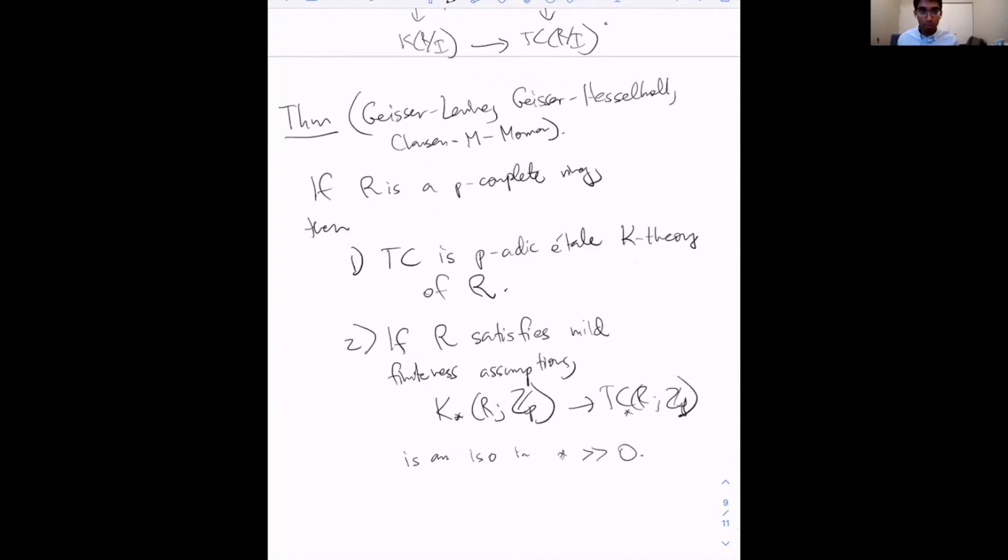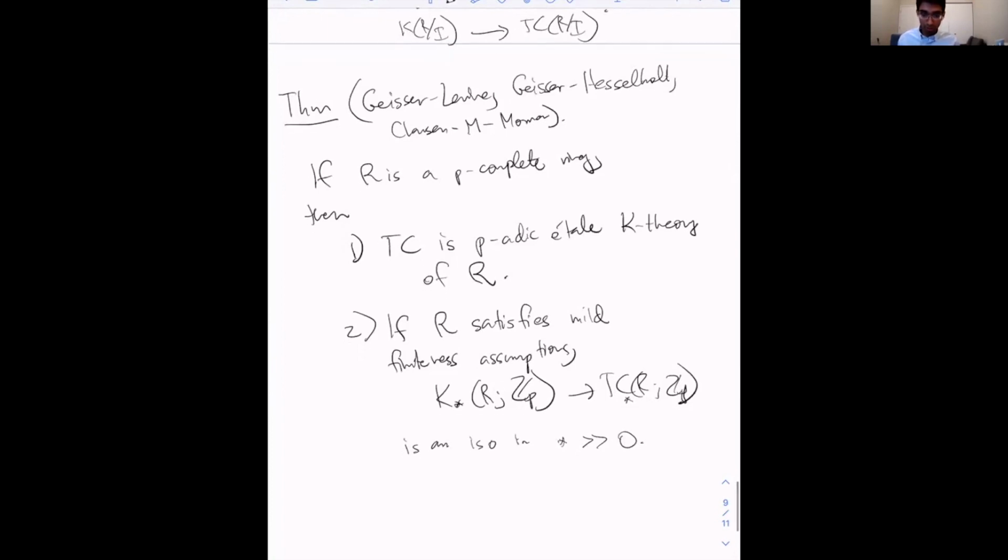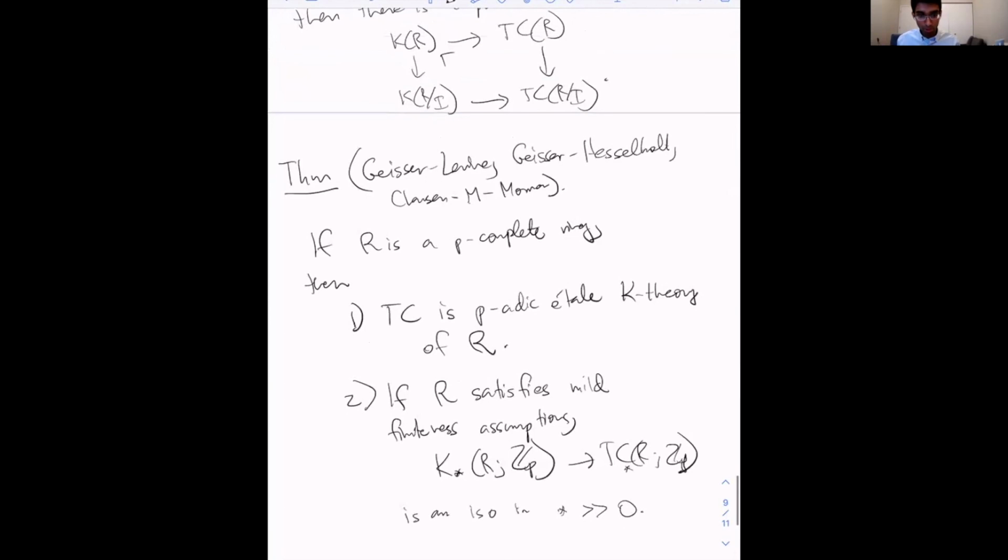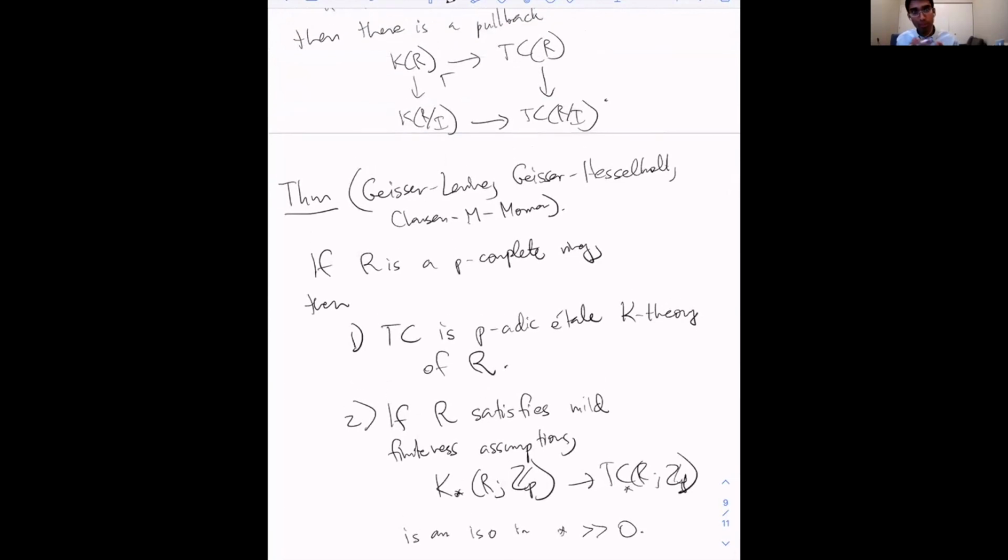Right, so how large will depend on the residue fields of R. And so maybe let me not state the precise formulation here since I'm a little low on time. But essentially, this result is also saying that there's a close relationship between p-adic K-theory and p-adic TC when you're working with p-adic rings.